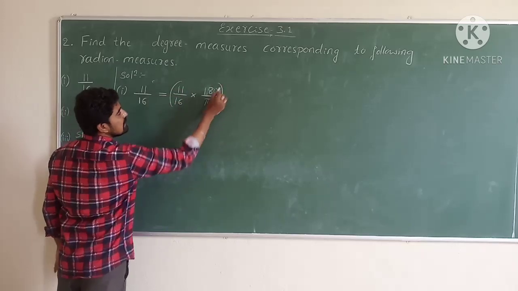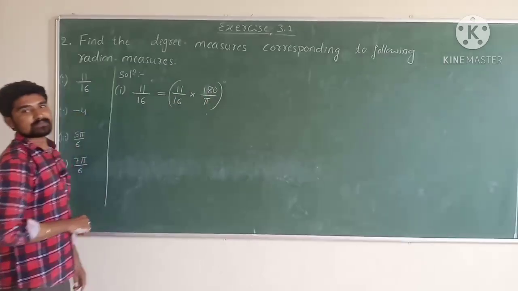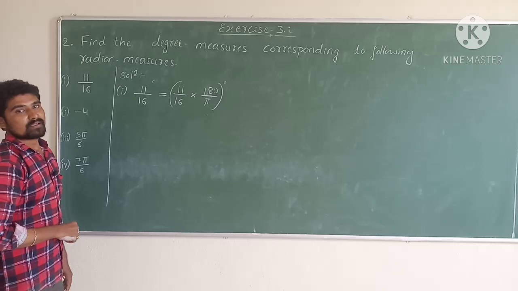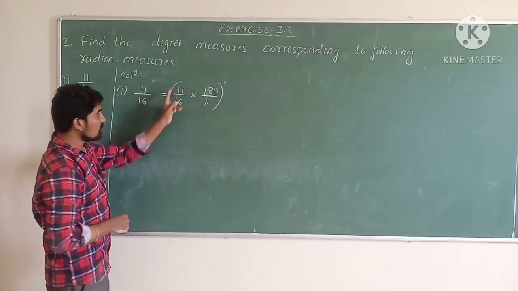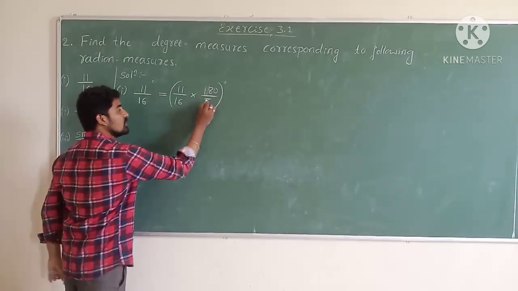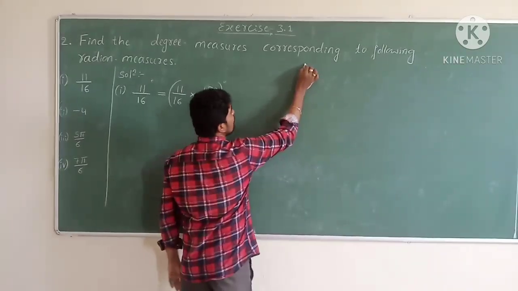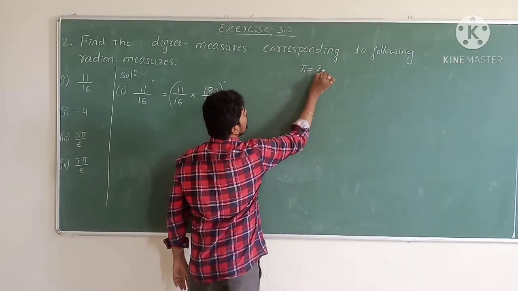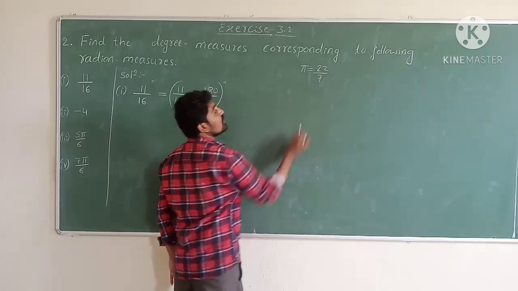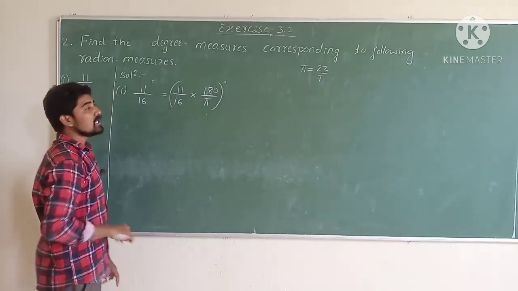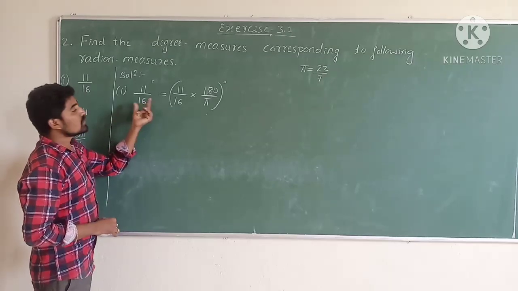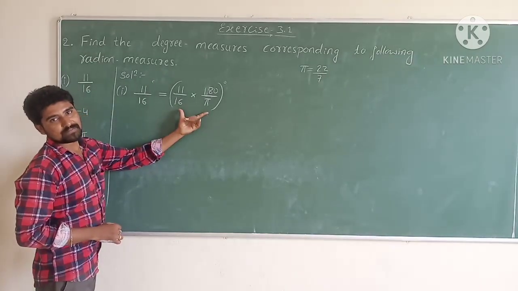Now this is in terms of degree. To simplify this, we need to substitute the value of pi equal to 22 divided by 7.